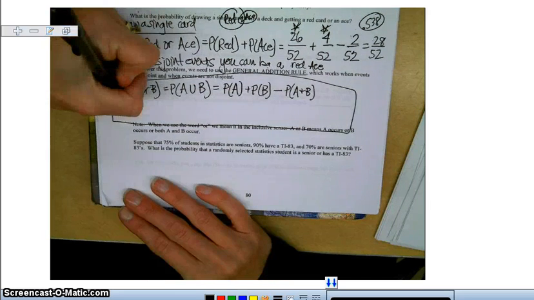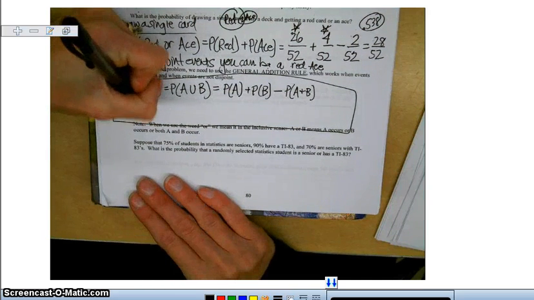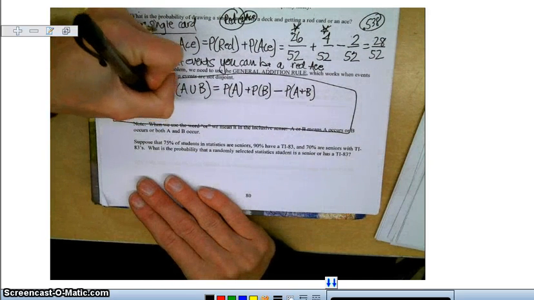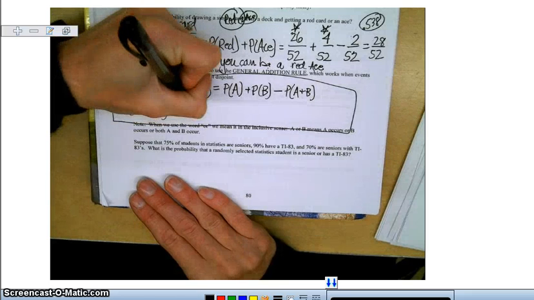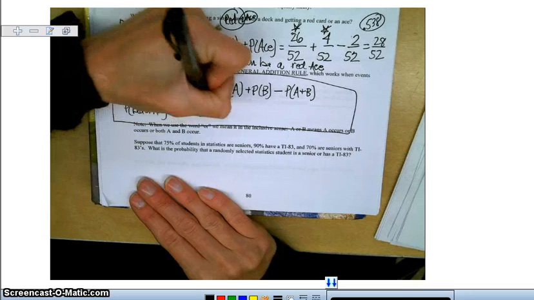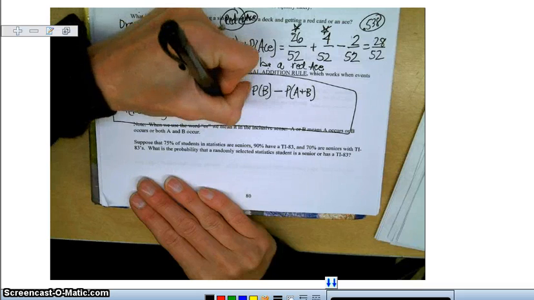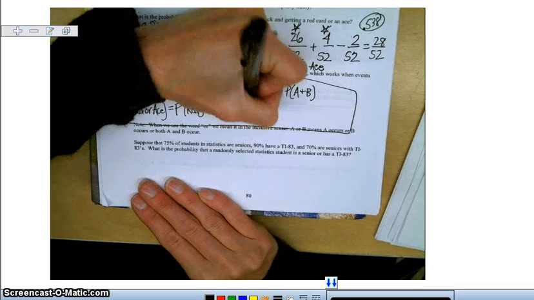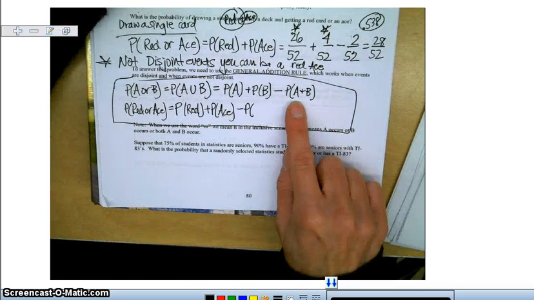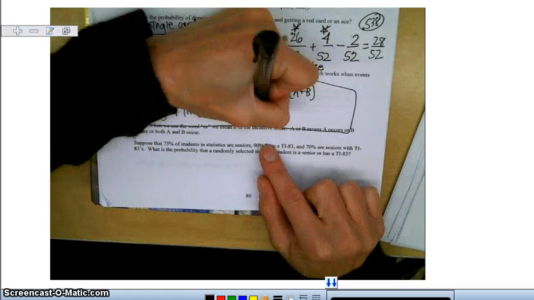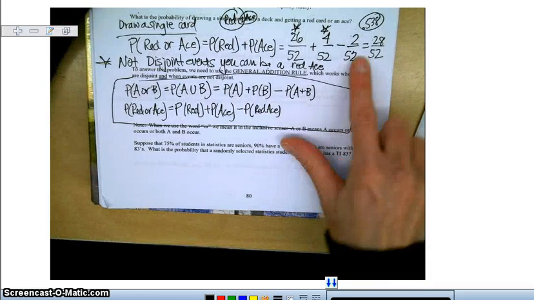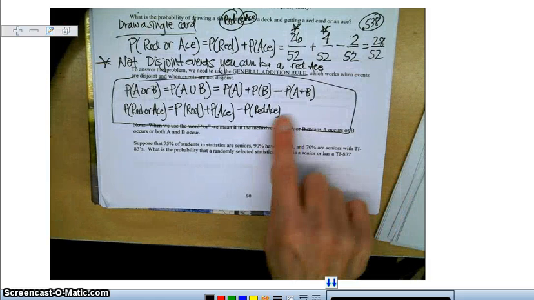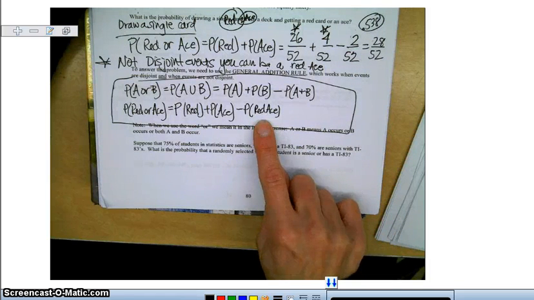So again, the probability that I got a red or an ace was the probability that I got a red plus the probability that I got an ace minus the probability that I got a red and an ace, which means I got a red ace, right? The last probability, the one we took off, was the probability that you were both red and an ace.